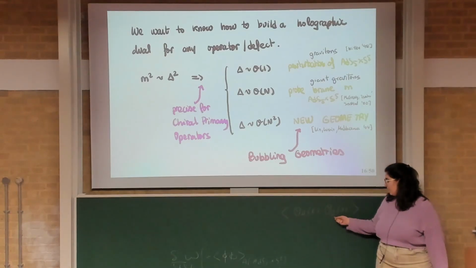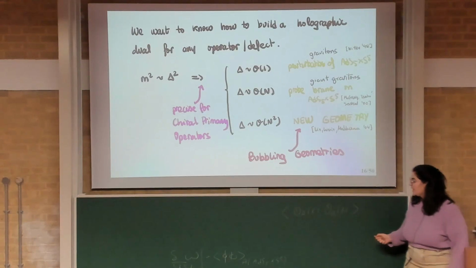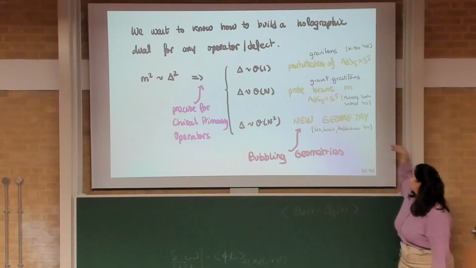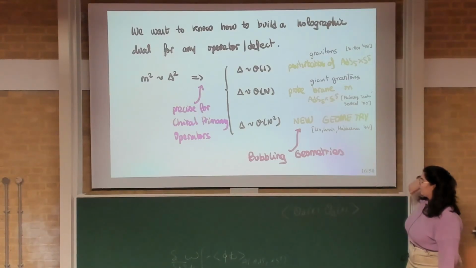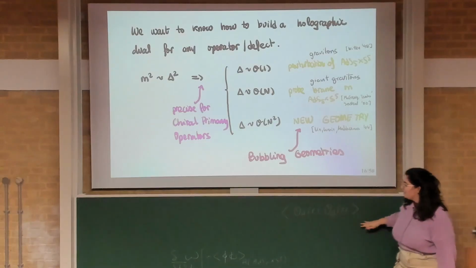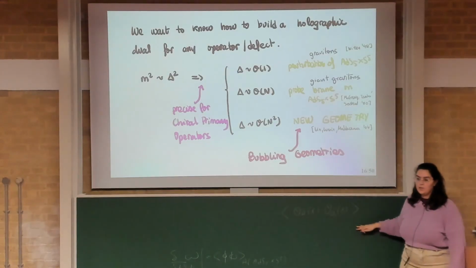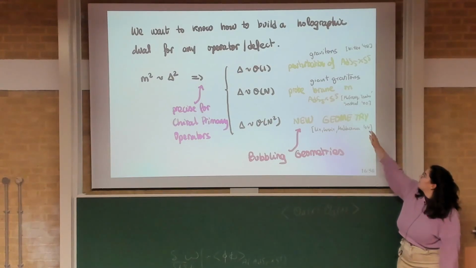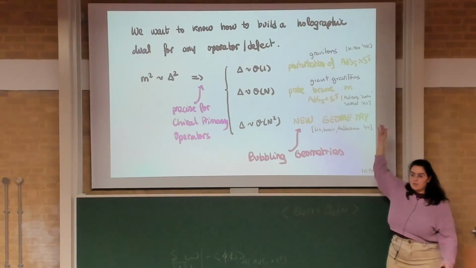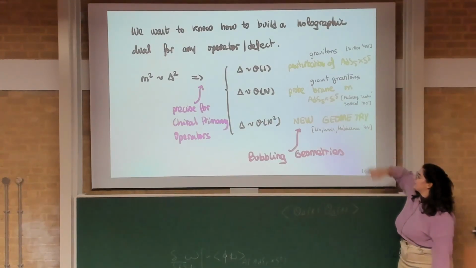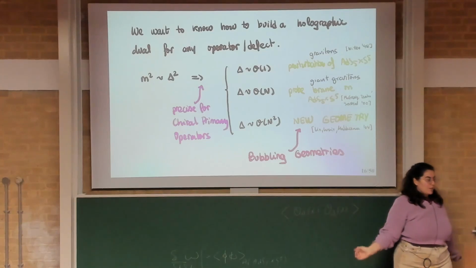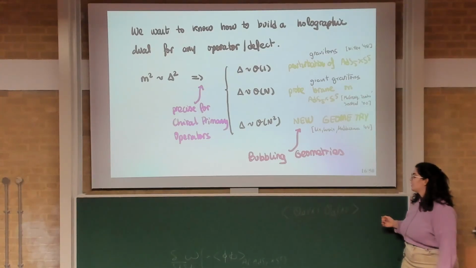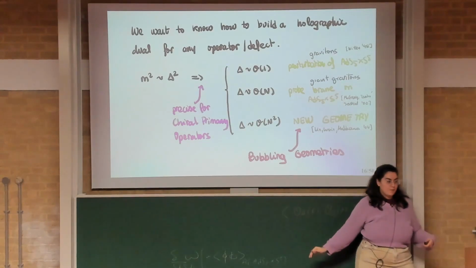The only thing that we care about is delta. Lin, Lunin, and Maldacena in this paper were able to understand that the correct description for this operator is not in terms of these giant gravitons, which were these branes, but in terms of some new back-reacted geometry. It is a new back-reacted geometry that is asymptotically AdS5 x S5.